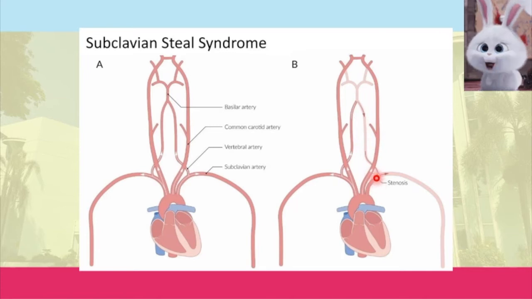Look at this. There is stenosis on this part. Since there is stenosis, there is only minimal blood passing through this part of your subclavian artery. From the other side, the vertebral artery would be pumping blood also going towards the upper brain.